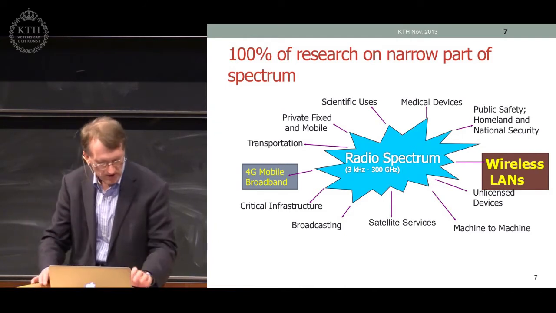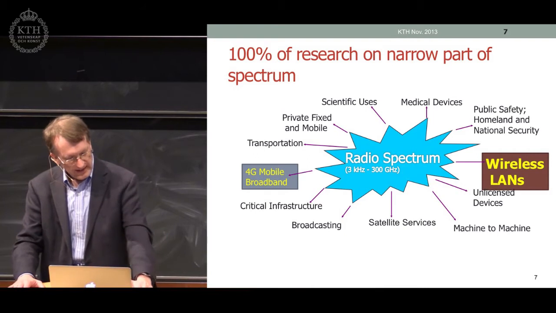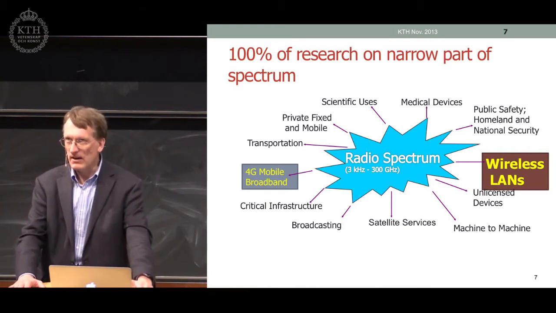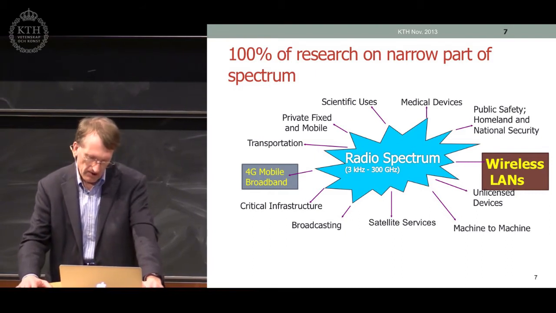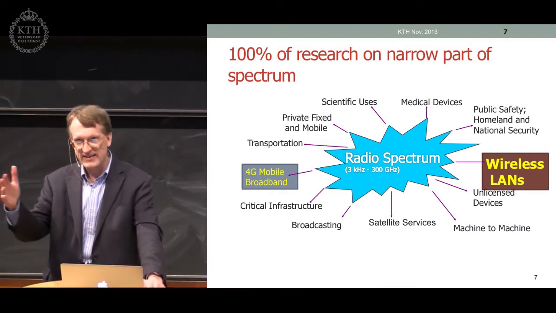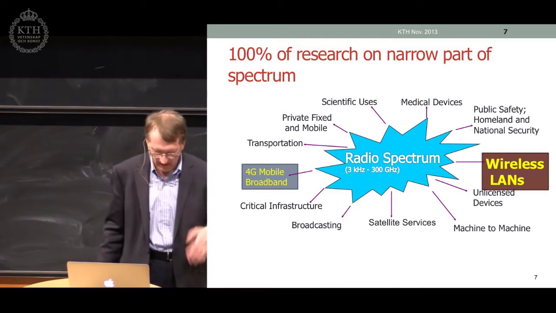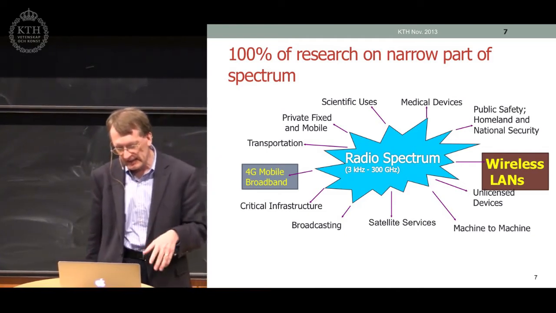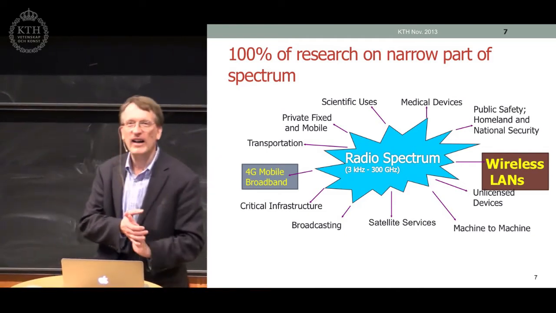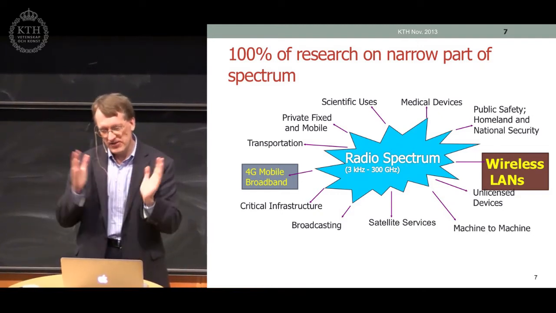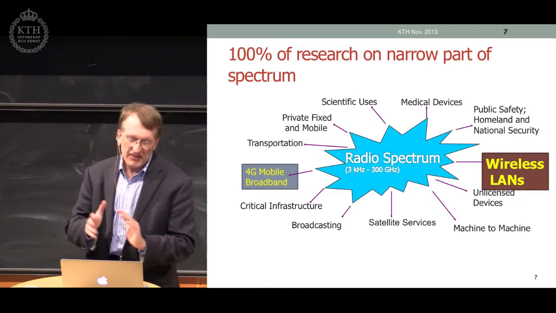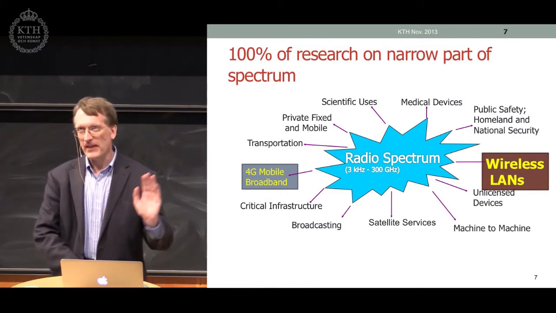Somebody told me a story recently that Marty Cooper, an inventor of the modern cell phone, who had developed the first cell phone at Motorola, was getting a prize at the National Academy, and somebody sitting next to my colleague, a radio astronomer, was complaining all evening that the invention of the cell phone was the worst thing that ever happened.